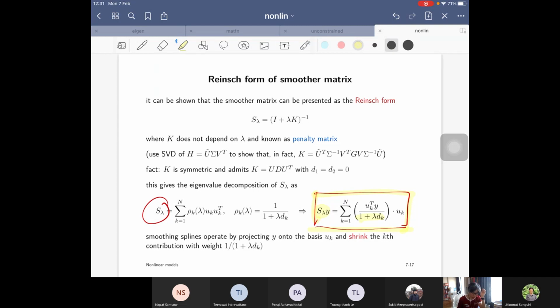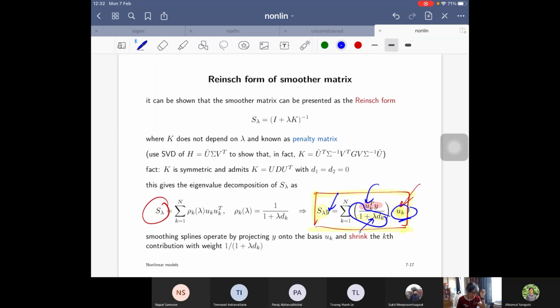This is a linear combination of vectors u_k, which are eigenvectors of some matrix, and the terms in the numerator are the inner product between your response vector and this eigenvector. With this linear combination, it says how each component is shrunken by this weight.